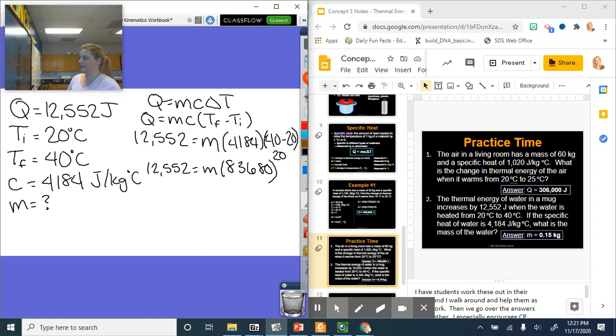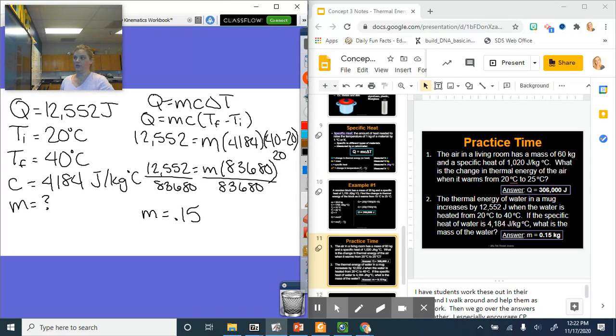Now I need to solve for M and get it by itself. Right now it's multiplied with something, so I'm going to divide by that number. So the mass of my water is 0.15.